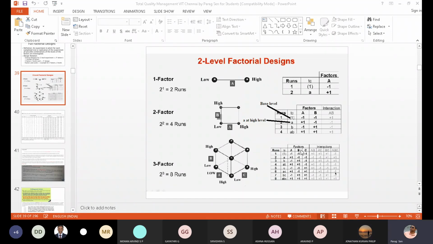Then at least one element we can change, -1 to +1 it has become. For one factor, there are 2 runs. For 2 factors, there are 4 runs. For 3 factors, there are 8 runs, 2 to the power 3. So in this way, two-level factorial designs are considered.